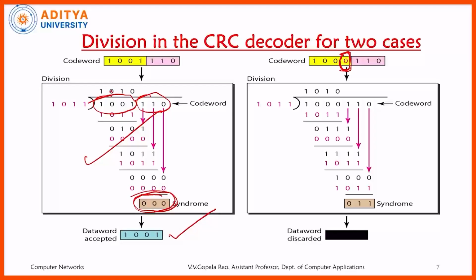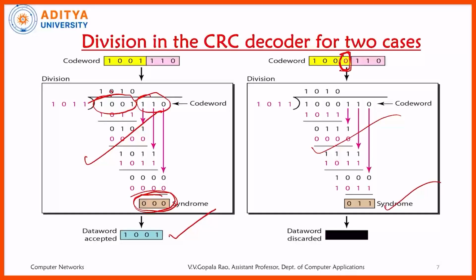So again the same procedure is carried out with this 1 0 0 0 1 1 0, with the common divisor. With that, if you follow the same procedure, we are getting a non-zero remainder value, 0 1 1.